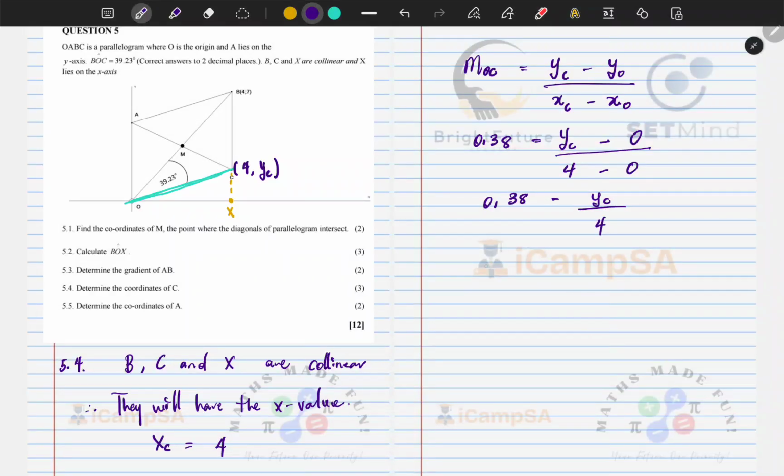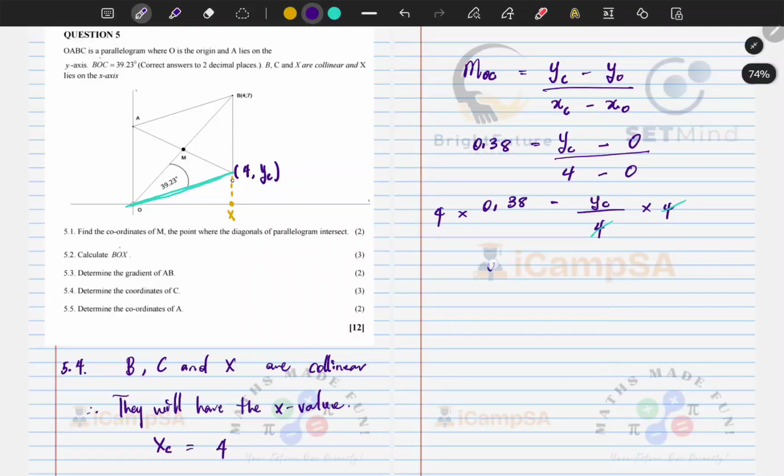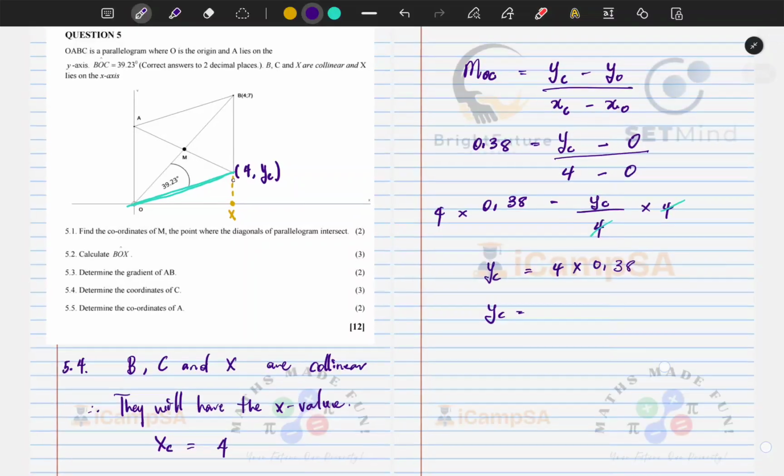So your y of C, if you multiply by 4 both sides, this and that will cancel, and then you will have y of C as 4 times 0.38. What is 4 times 0.38? It's going to give you 1.52.